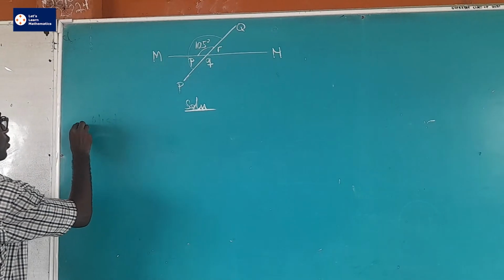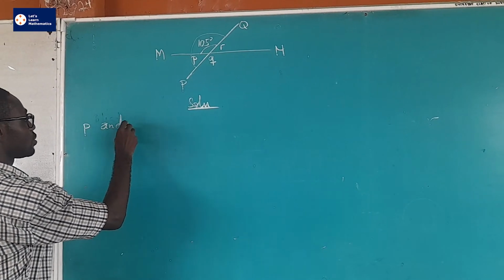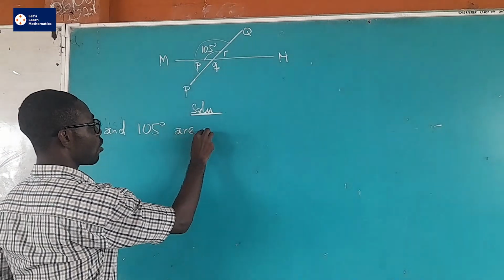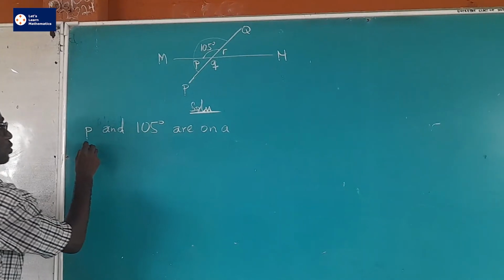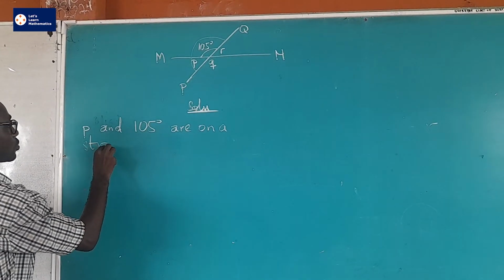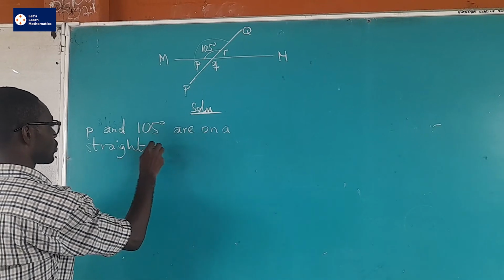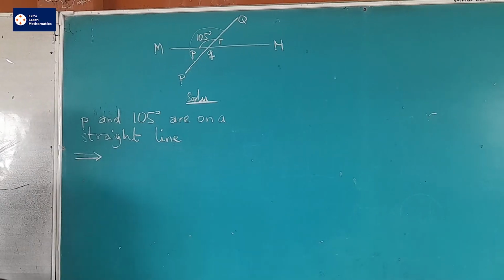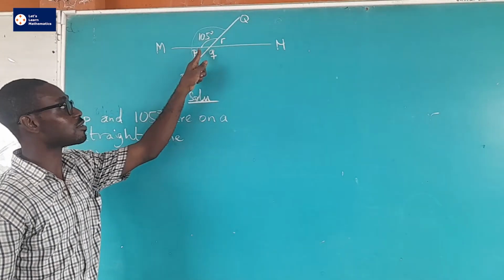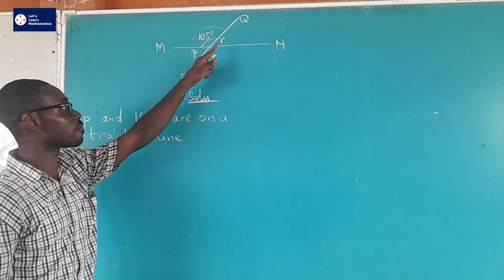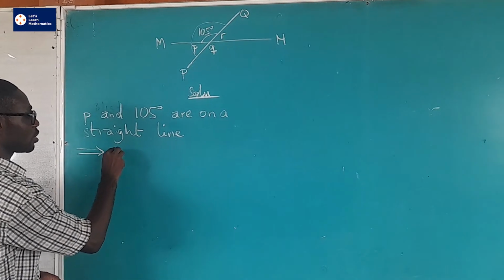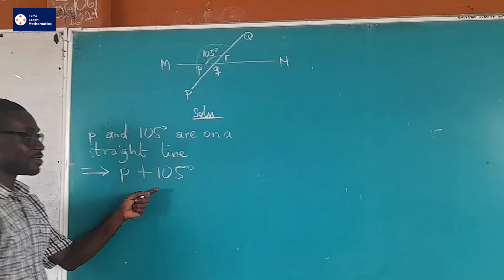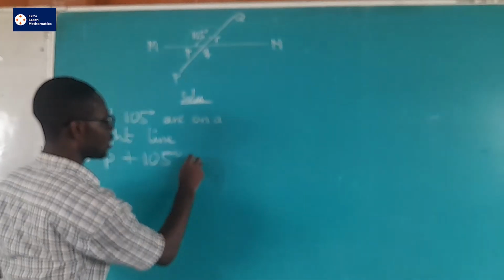So we say that P and 105 degrees are on a straight line. And that implies that if angles are adjacent and on a straight line, when we add them together, that is P plus 105 degrees, this sum is going to be equal to the straight angle.